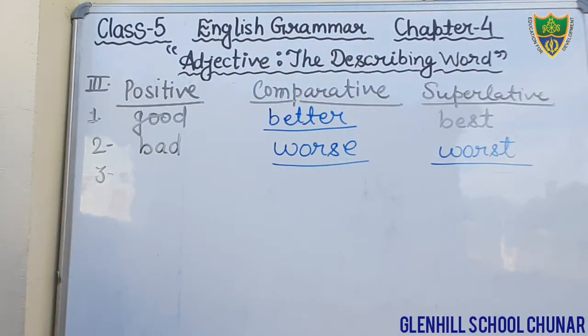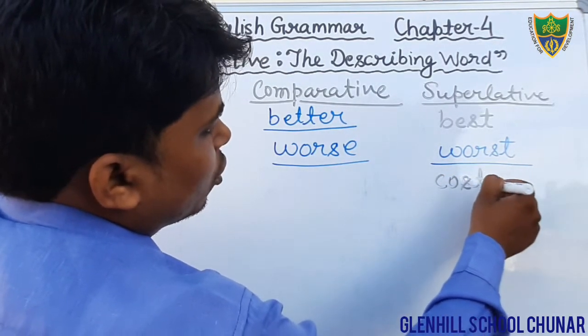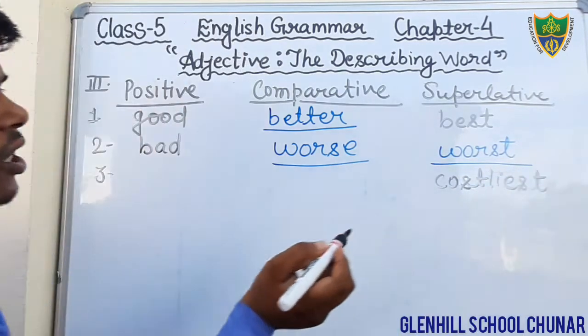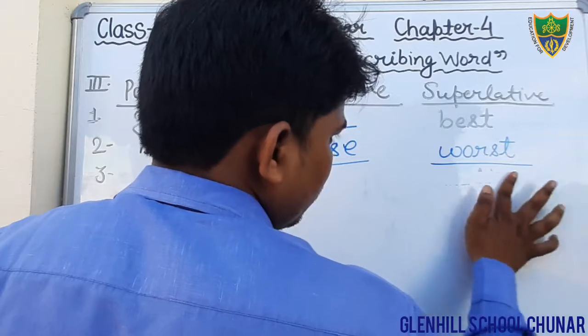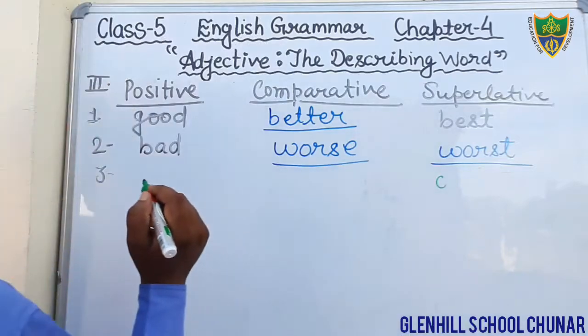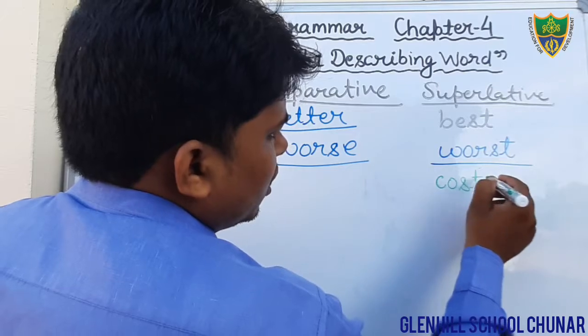Next, question number third. In the first blank, there is nothing. The positive and comparative forms are not given. The superlative form is given: costliest, C-O-S-T-L-I-E-S-T. It is not visible because of some problem, so I am writing with this green pen.